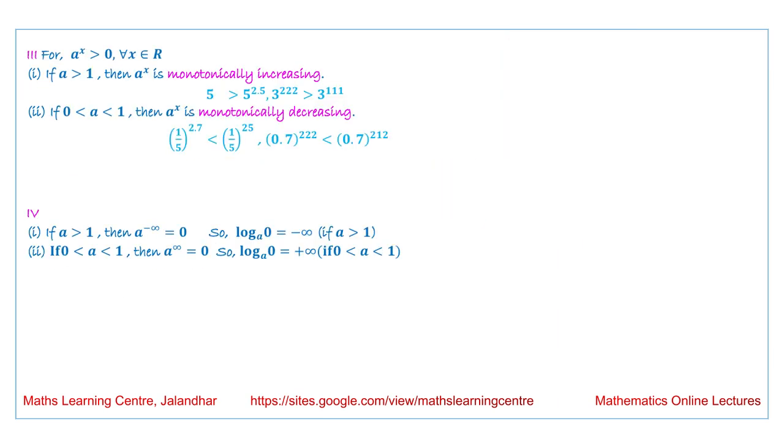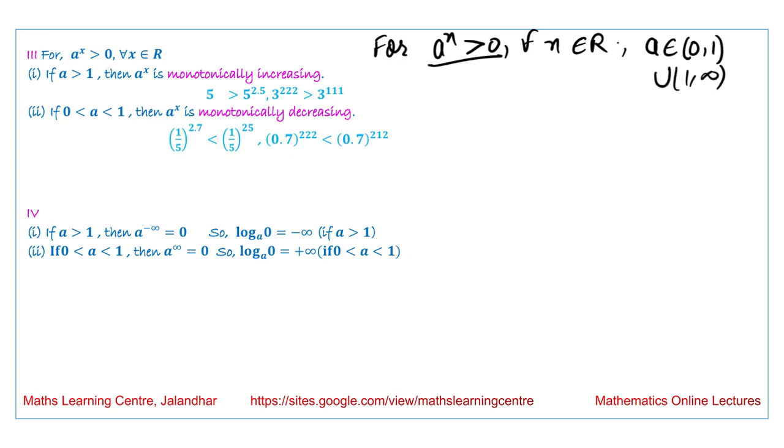The next property we have is for a raised to the power x greater than 0 for all x belonging to R. On a we have the condition that a is greater than 0, that is, a belongs to 0 to 1 union 1 to infinity.